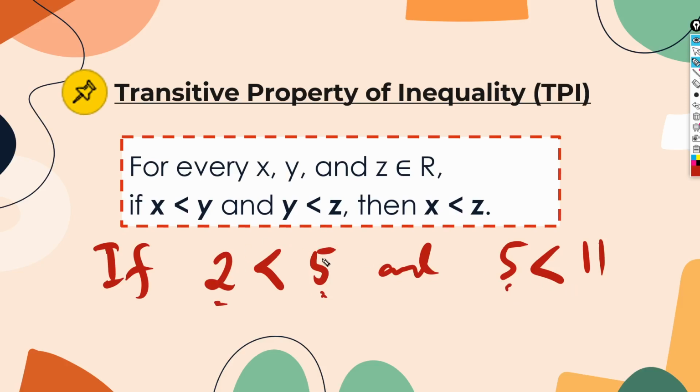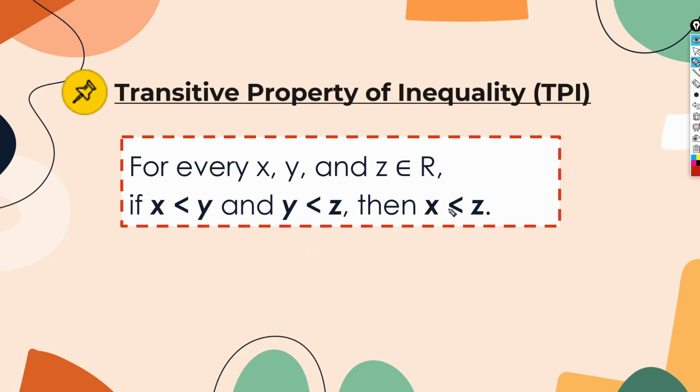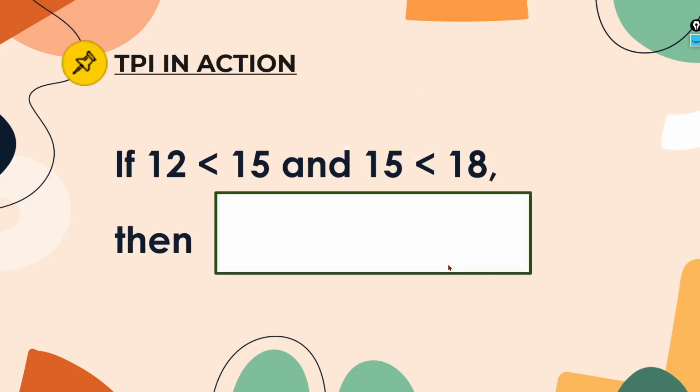Because 2 is smaller than 5 and 5 is smaller than 11, then I can conclude that, of course, 2 is less than 11. So, for more general kinds of numbers, if x is less than y and y is less than z, then whatever they are, I am sure that x must be less than z. Medyo madali na maintindihin yun. Very simple. So, parang ganito. Yung ginawa natin, ano?